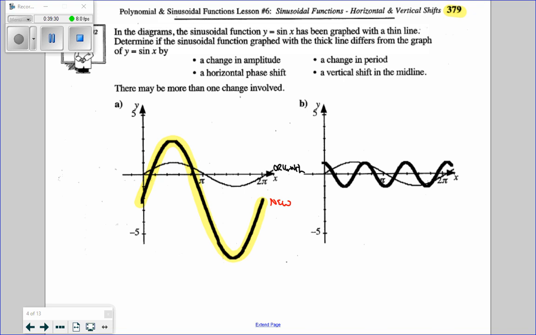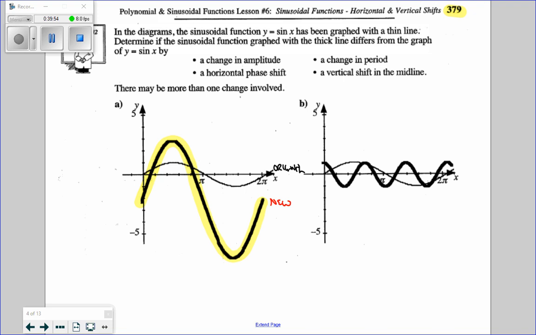Okay? I would highlight the thick one because that's the equation, that's the one that you're looking for. Okay? So it says, determine if the sinusoidal function graphed with the thick line differs from the original. Is there a change in amplitude? Is there a horizontal phase shift? We'll talk about that here in a sec. Is there a change in period? Is there a vertical shift?